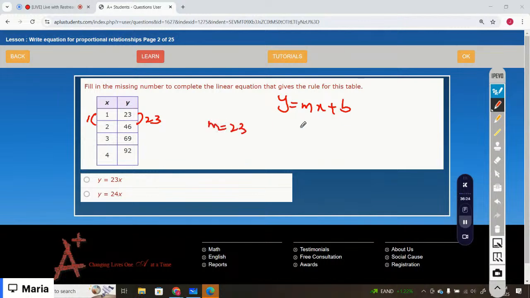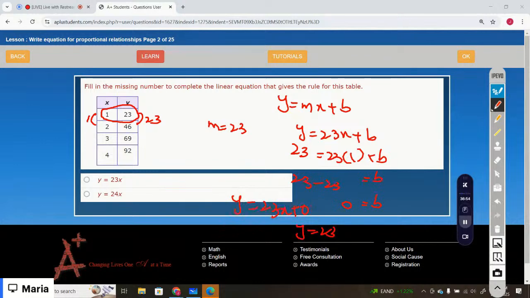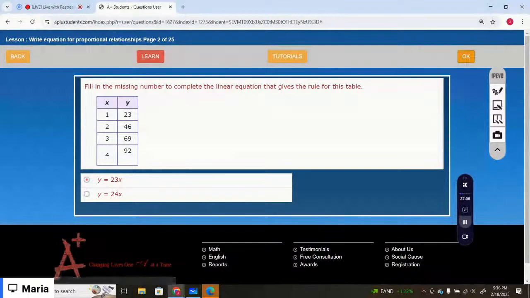The slope is 23. Y equals 23x plus b. You need to calculate the value of b. I'm going to use the pair of values 1 and 23. Y is 23, x is 1, b equals 23 minus 23. So b equals 0. So the equation is y equals 23x plus 0. So y equals 23x. Option number 1 is the correct option, that is y equals 23x.